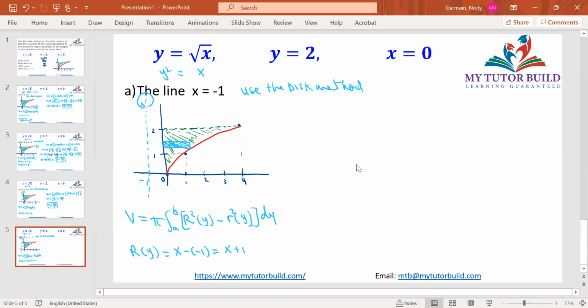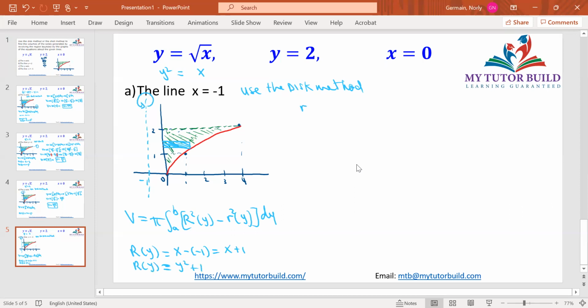So R of y would be y squared plus 1. Because x is y squared, we just substitute it. If we integrate with respect to y, we cannot have x in that function. So we need to substitute all the x's with y's, otherwise the x would be a constant.